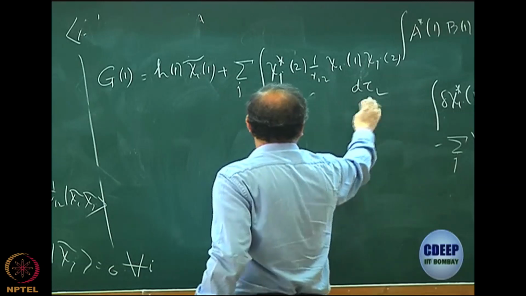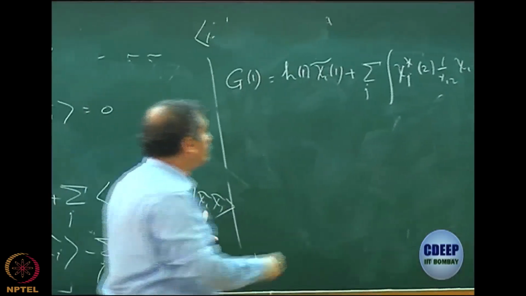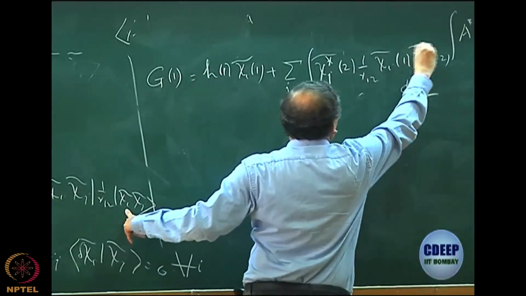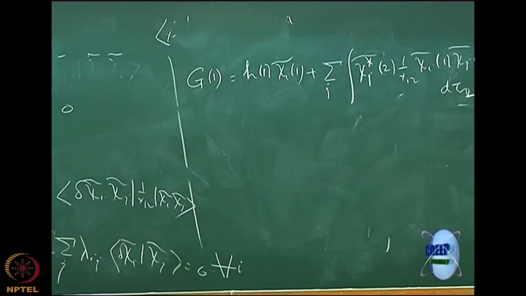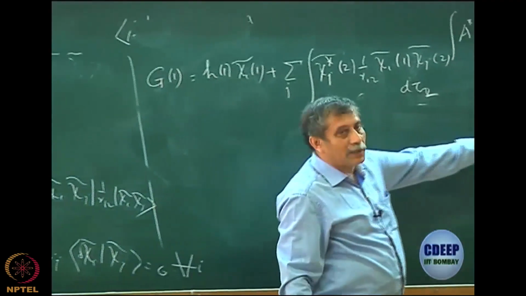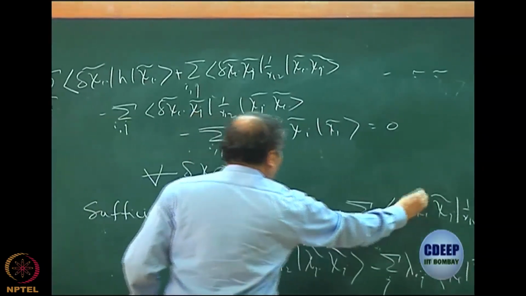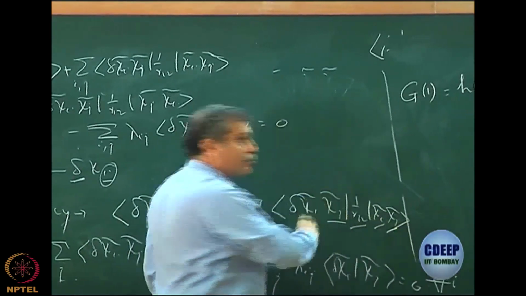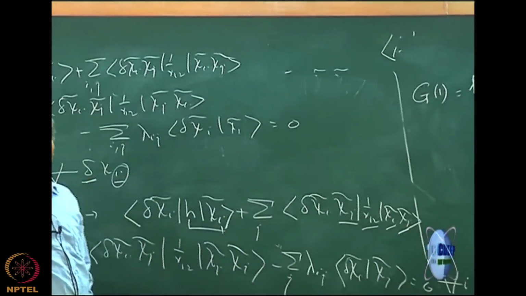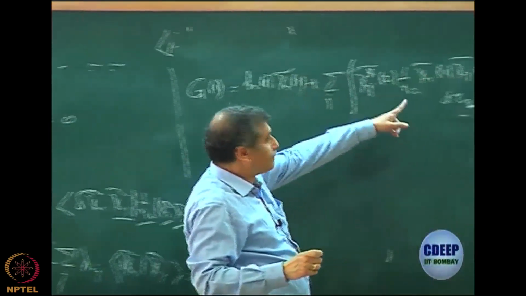Note that I cannot forget this chi I tilde 1, because that is a part of G of 1. G of 1 should be everything other than delta chi I star 1. So of course, only this part I can remove. So chi j star 2, 1 by r12, chi I 1, chi j 2, d tau 2 is a part of G of 1. Is it all agreed? So that's my G of 1.